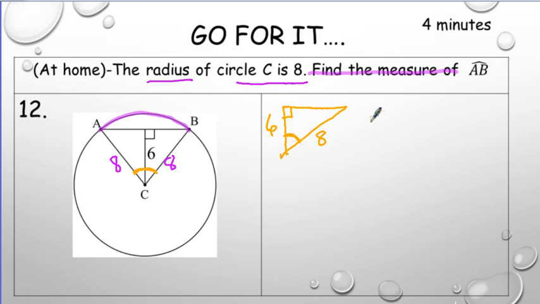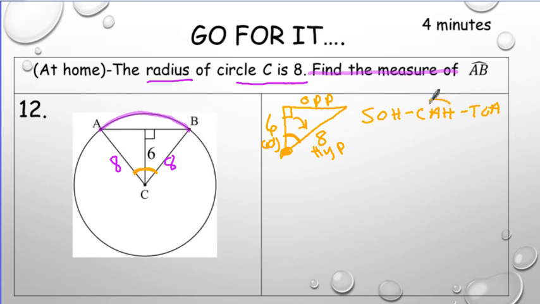Since I'm looking for an angle, I'm going to have to use trig. So I'm going to go to my SOHCAHTOA. If I put my finger here, the side across from the right angle is the hypotenuse, and the side that I'm touching is the adjacent, and the side I can't touch is the opposite.